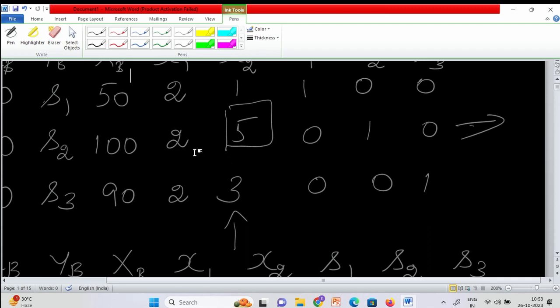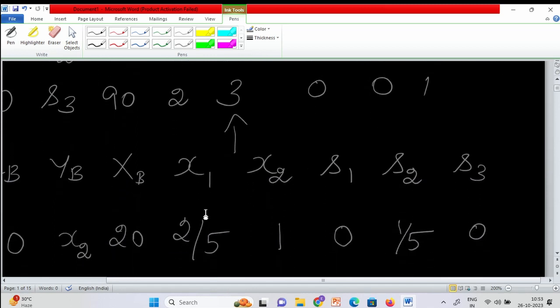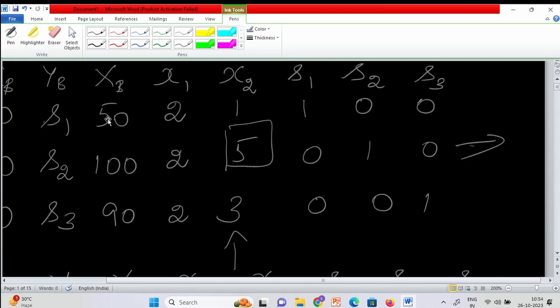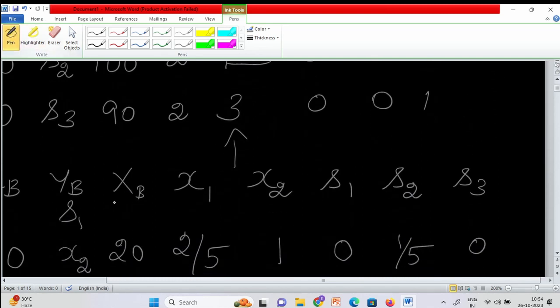For that we are going to subtract from this S1 row the elements we have calculated here. So here 50 minus 20, which is 30.